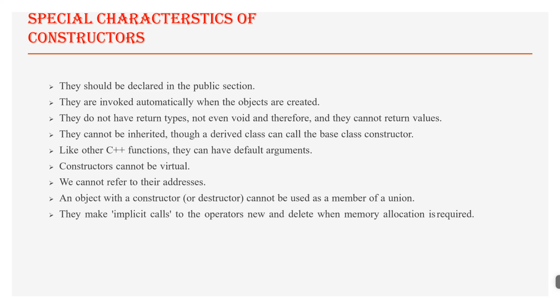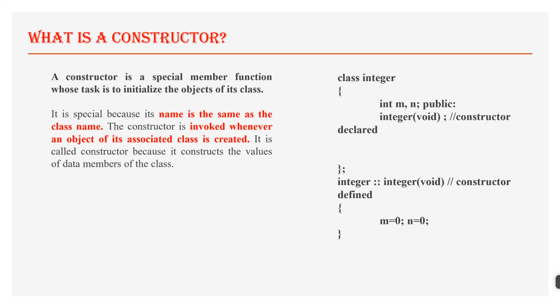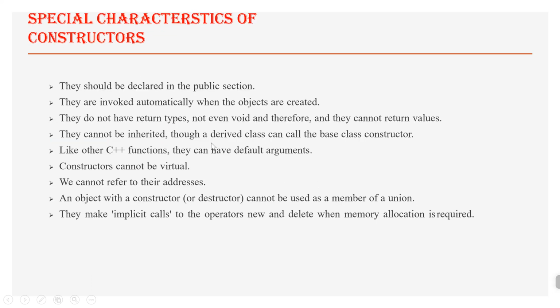Third characteristic is that there is no return type. When you declare it, as I mentioned here, just look at this point: there is no return type, neither int nor void, so nothing. So they cannot return any values. Then another concept is that they cannot be inherited.